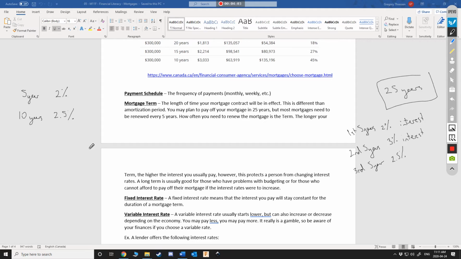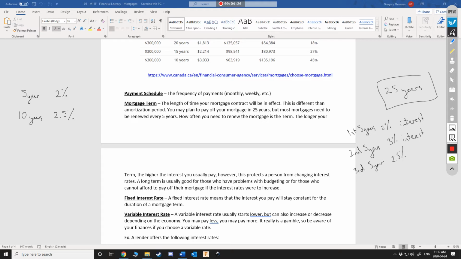The reason they do this is that banks don't really know either whether rates will go up or down. So they say, we'll lock you in for 2.5%, but that means you're safe for 10 years. If the mortgage rate jumped up to 17% or something crazy, you're still paying that 2.5% for those 10 years. Of course, if it went down, you'd be like, oh darn, I'm locked into it.